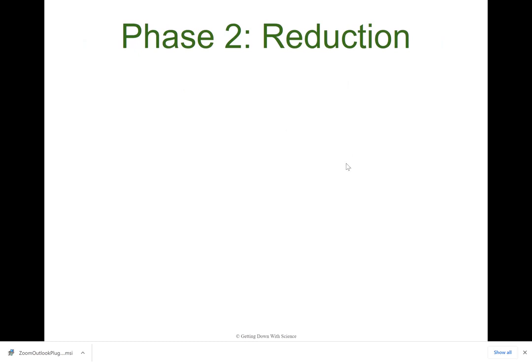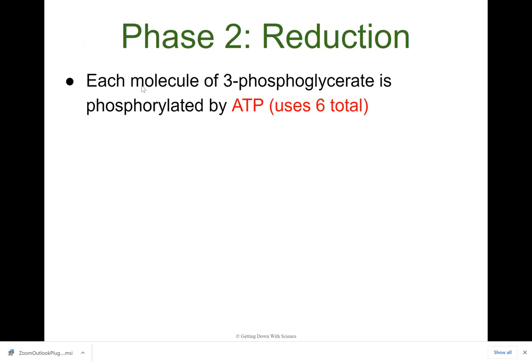Phase 2 is our reduction. So we're going to take that 3-phosphoglycerate and it's going to be phosphorylated by ATP. We're going to actually add phosphate and energy to the phosphoglycerate. And notice it says it uses 6 total. So we have to have 6 of these ATPs to make this process happen.